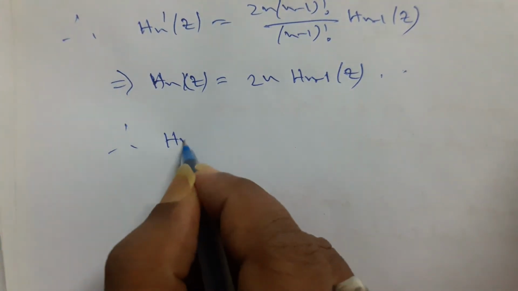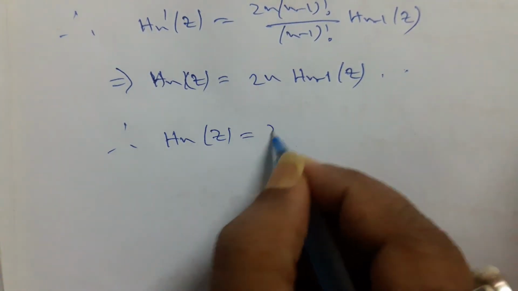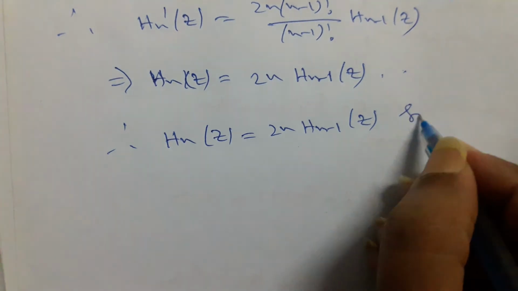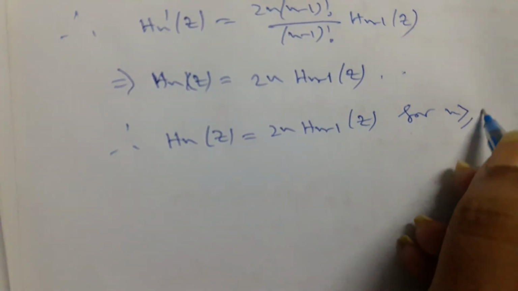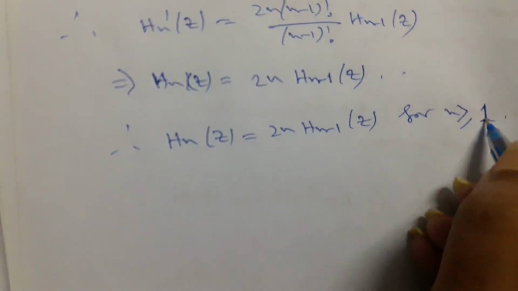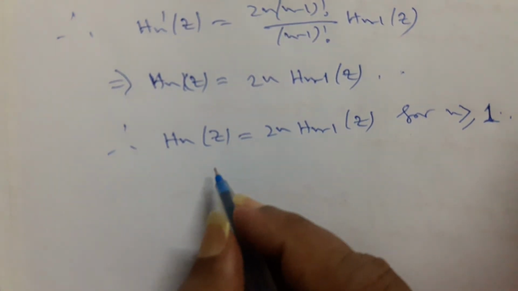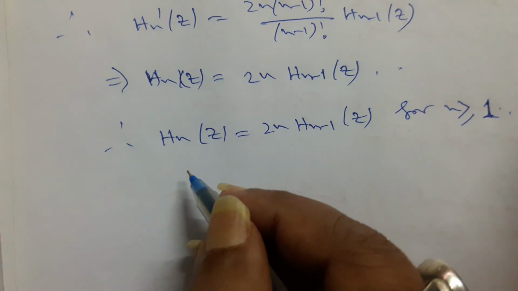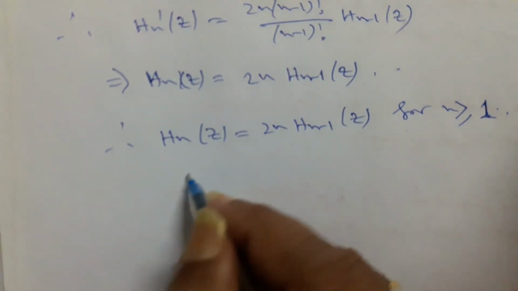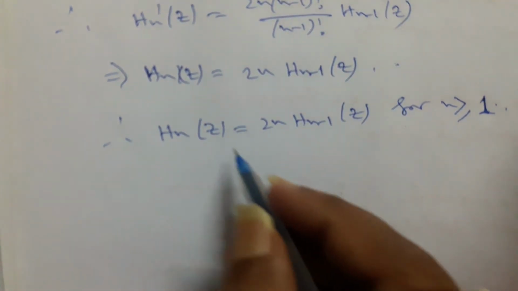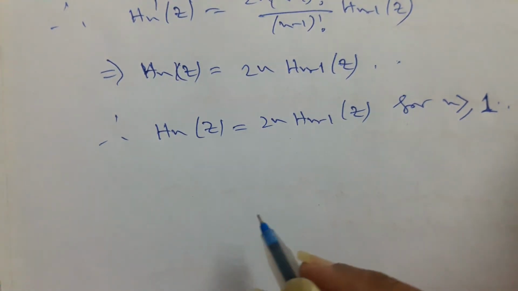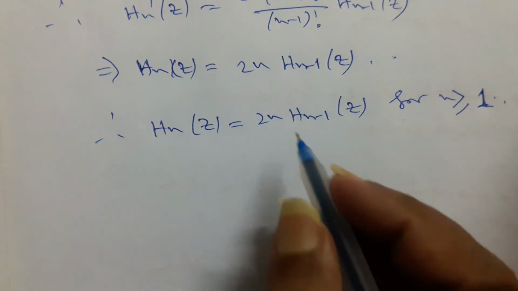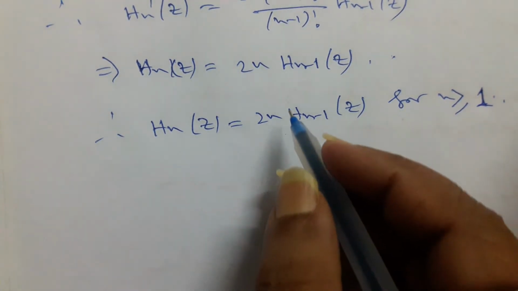Therefore, we finally write H'n(z) equals 2n Hn minus 1(z) for n greater than or equal to 1. Now we end our discussion today, just to give the idea of Hermite polynomial and apply it to establish one recurrence relation for Hermite polynomial. We end our discussion today.